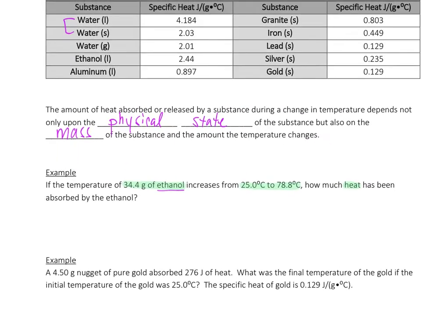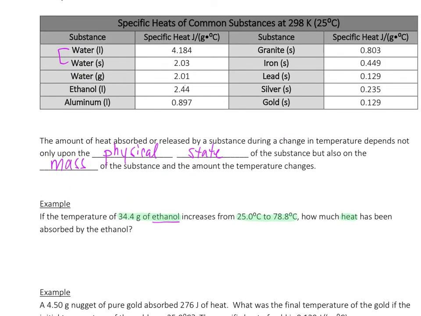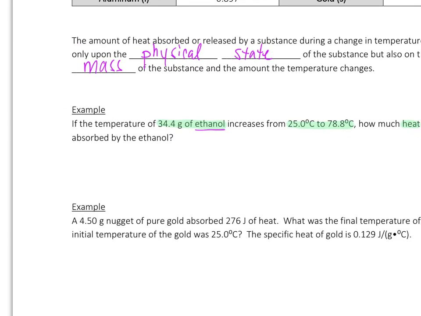If we look back up in our table, we can see the energy constant for ethanol specific heat is 2.44 joules per gram degree Celsius. I'm going to go ahead and write that down. 2.44 joules for 1 gram times 1 degree Celsius.